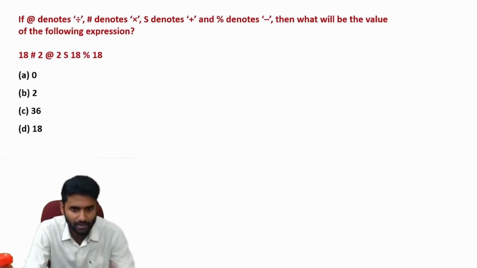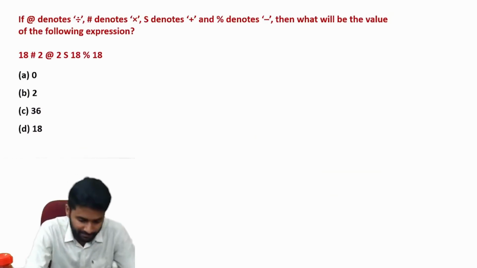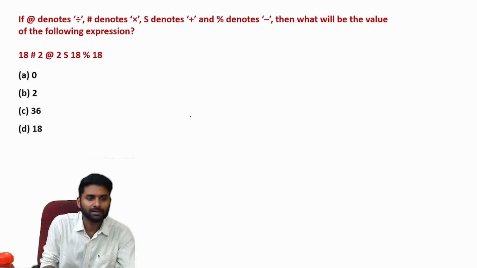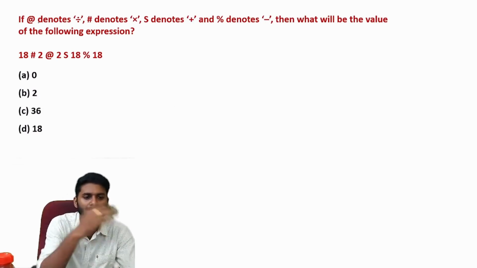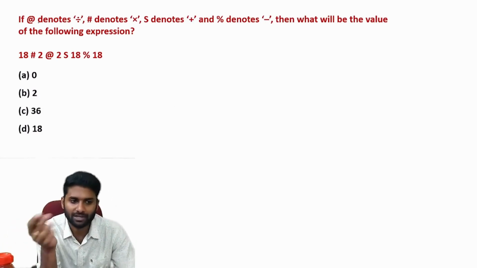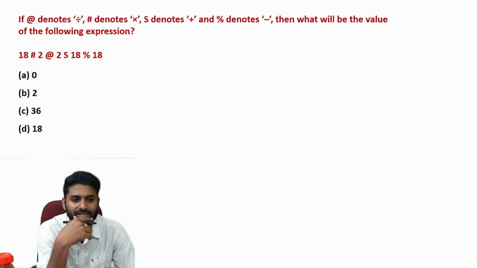Next. Let's go through these code languages. Here each symbol is represented with one of the mathematical operations: at the rate denotes division, ash denotes multiplication, s denotes plus, percentage denotes minus.